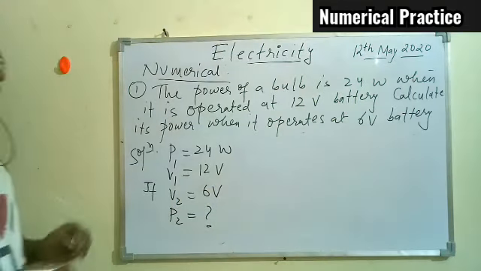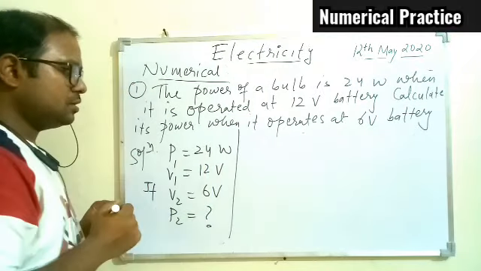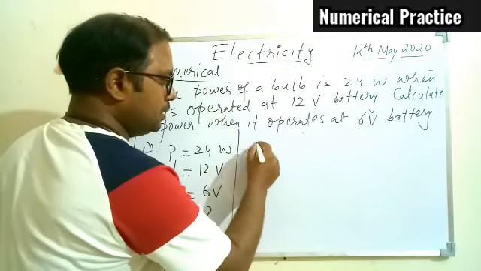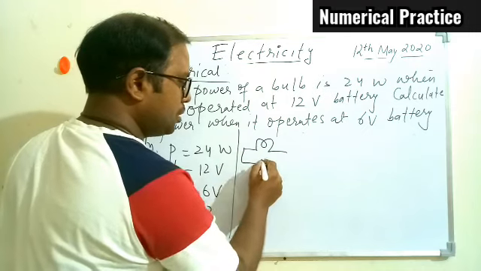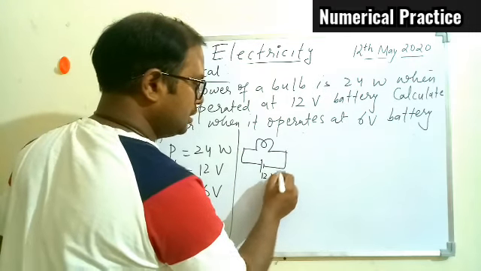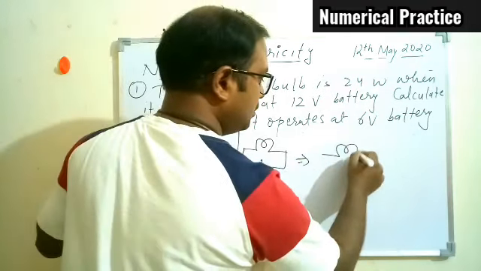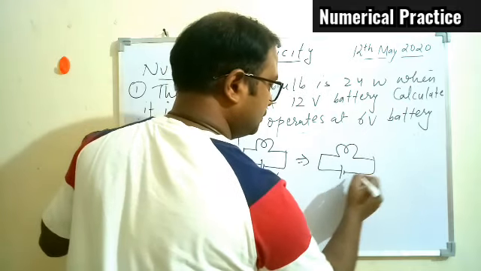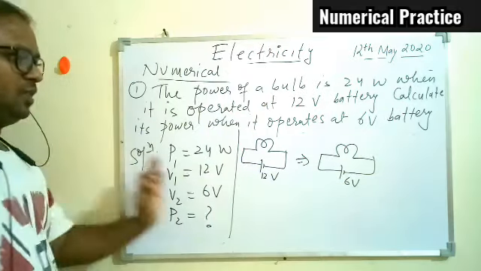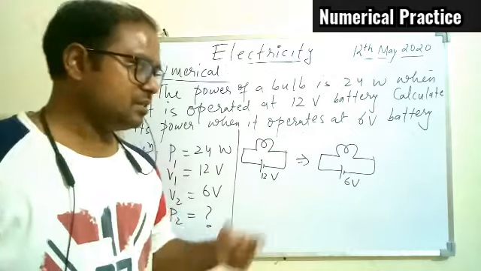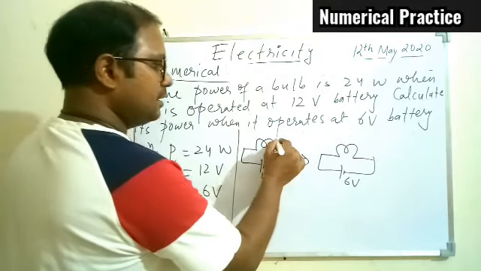So the concept is, if you connect the bulb, for example, with 12 volt, and then you connect the same bulb with 6 volt, voltage will change, power will change, but something will remain constant, and that is the internal resistance.